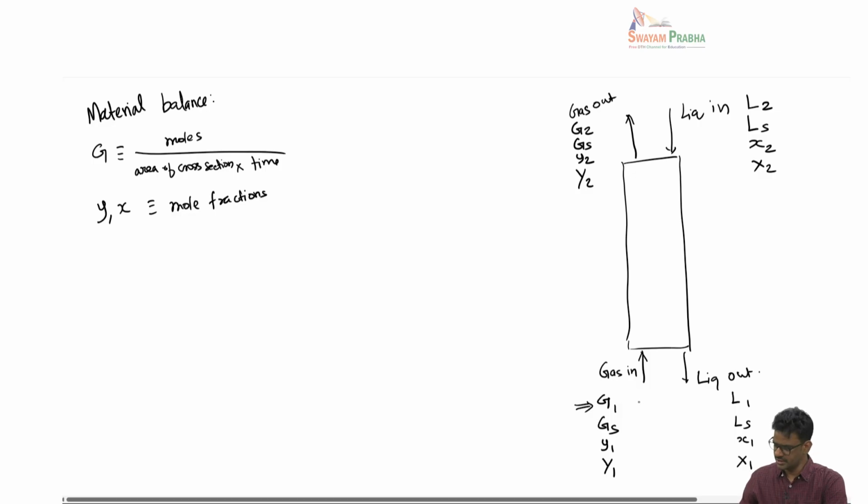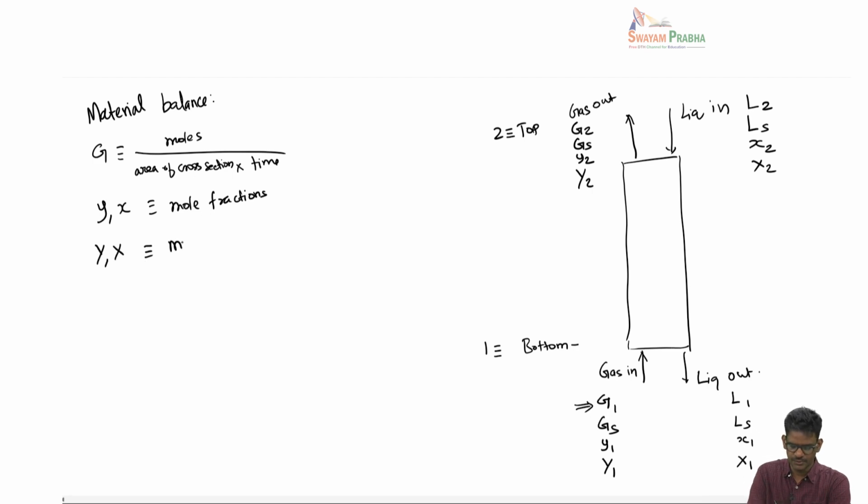The suffix 1 here means it's at the bottom of the absorber, and 2 means it is on the top side. Capital Y and capital X are all mole ratios.